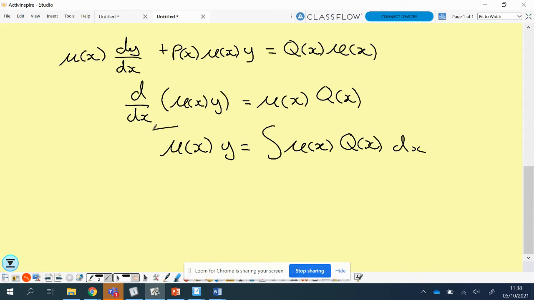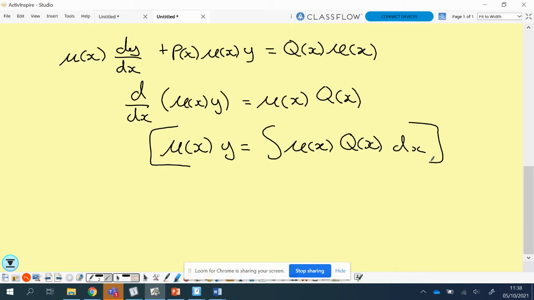Okay, so that's how we go about solving for y after we find the integrating factor mu of x. It becomes mu of x times y on the left hand side, and then we integrate our function q of x, which is on the right hand side, but we multiply it by mu of x first, then we integrate it, then we solve for y after we do the integration. Okay, so that's how we go about solving it once we've found mu of x.